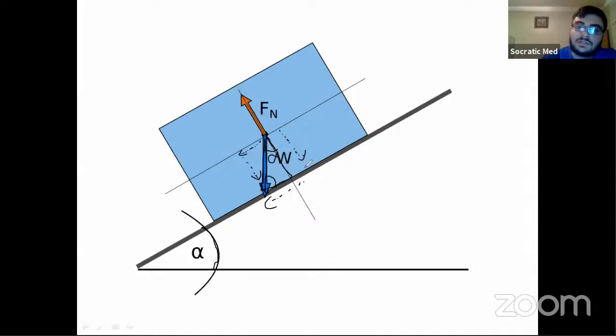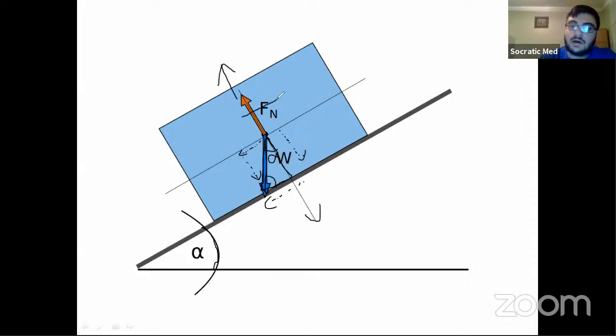So if you notice, we mentioned that in order for something to be accelerating, it has to have a force applied to it. That's what F equals ma signifies. This block, pretending this block was not accelerating in this direction, right? In this axis. If it's not accelerating in this direction, that means it has no net force in this direction.